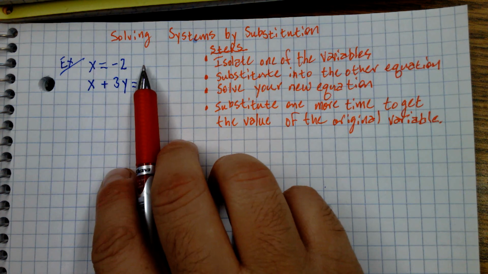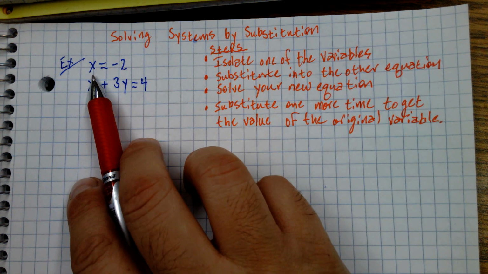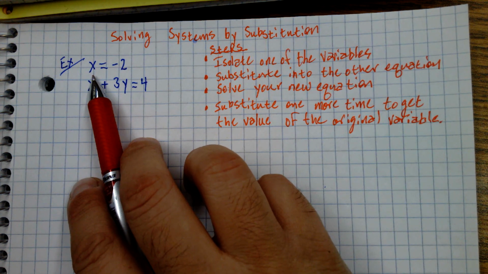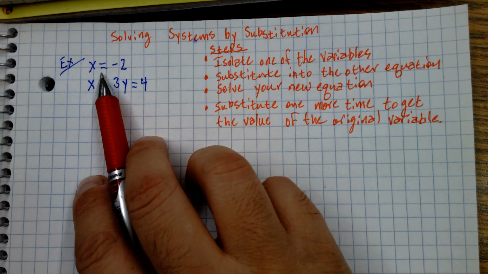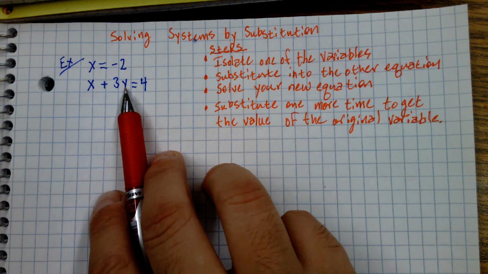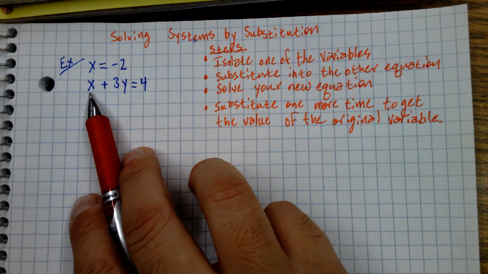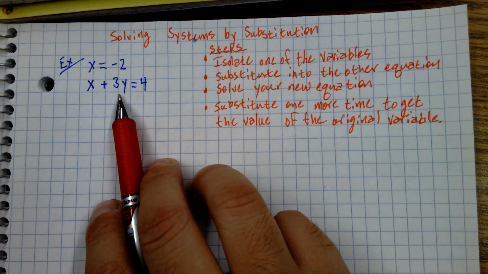We don't have to do it in this one, but I want everyone to see. Do you notice our first equation just says x and nothing else? It says x equals. That's what you want. You want one variable isolated all by itself. In the second equation, neither x nor y is isolated. We have an x and plus 3y.